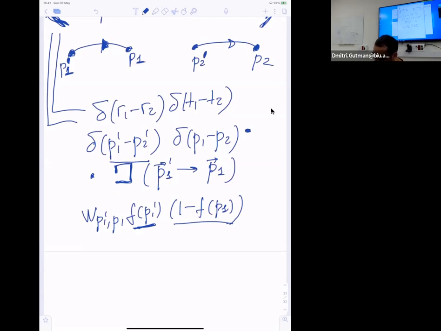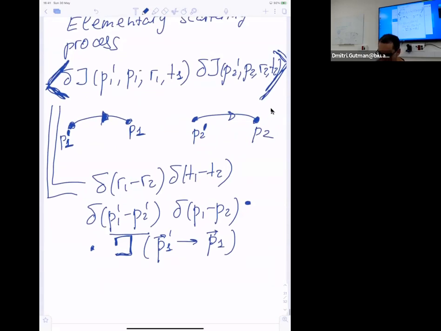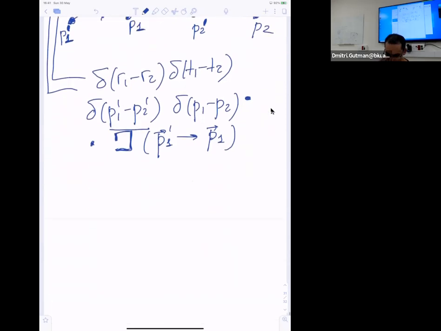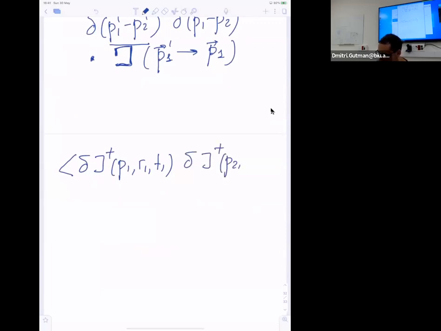Okay, so let's keep this in the back of our mind. We discovered everything that we need to know. And now we can use this definition of the elementary random flux correlation function and plug it into the currents that we had before. For example, delta J of P1 R1 T1, the incoming flux, with delta J incoming flux in the state P2 R2 T2.